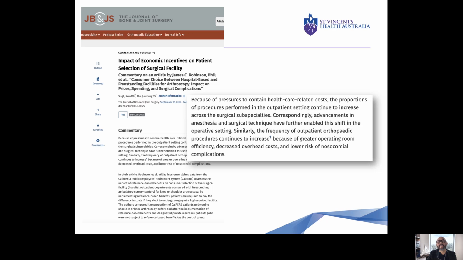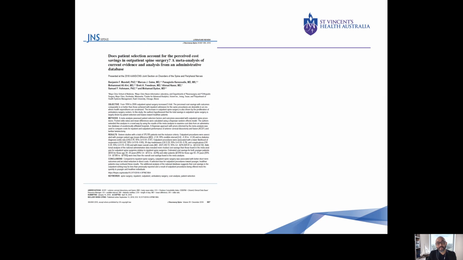And is this because of the setting? If you drill down and expand that further, it is interesting. This is a meta-analysis of current evidence done a couple of years ago comparing inpatients and outpatients.